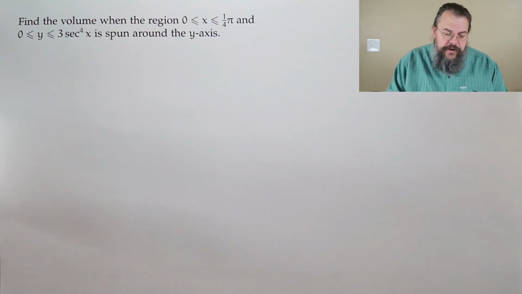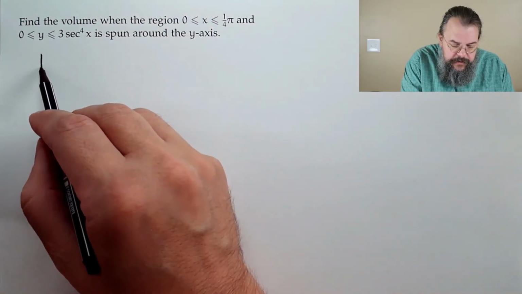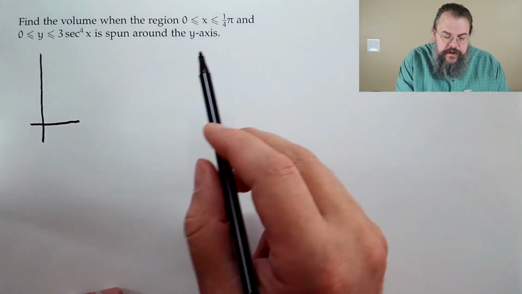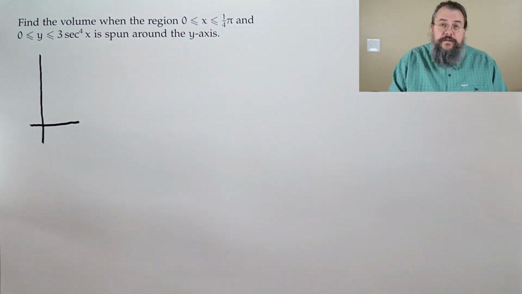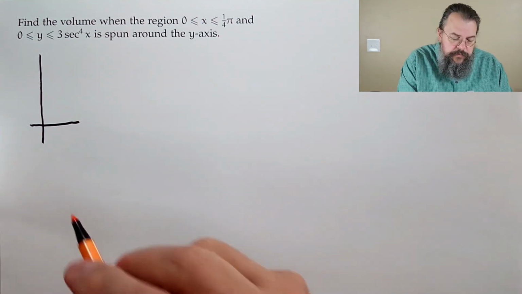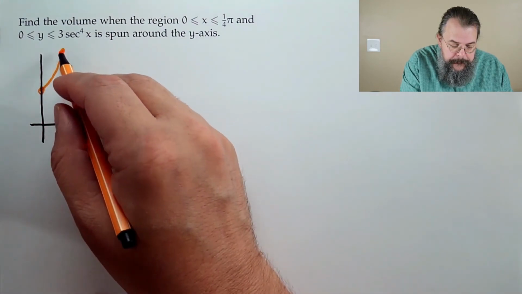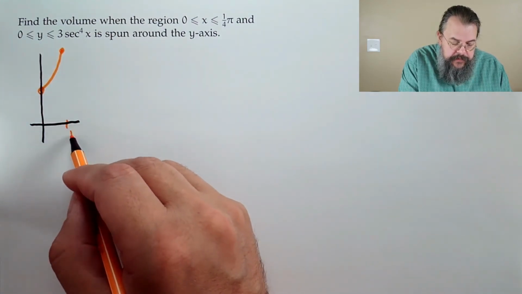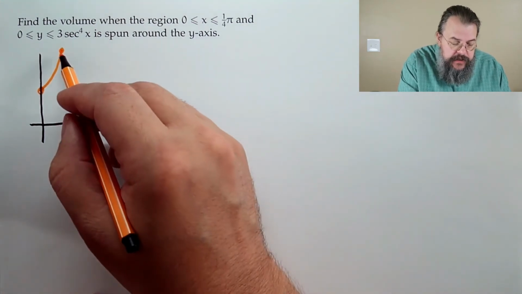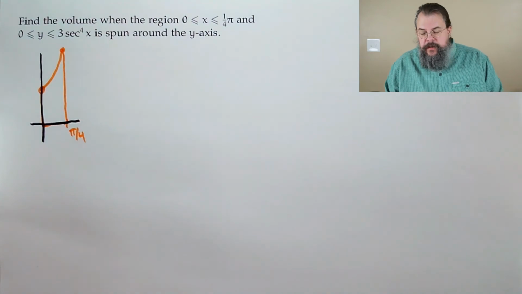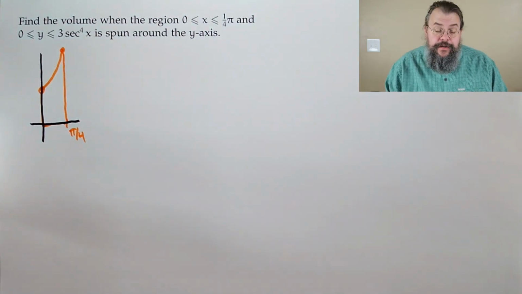So we have our region, and we don't know exactly everything, but we know we're going from 0 to pi over 4. 3 secant to the 4th x, well, it starts at somewhere and goes up. So let's say this is at pi over 4. And so this is our region.